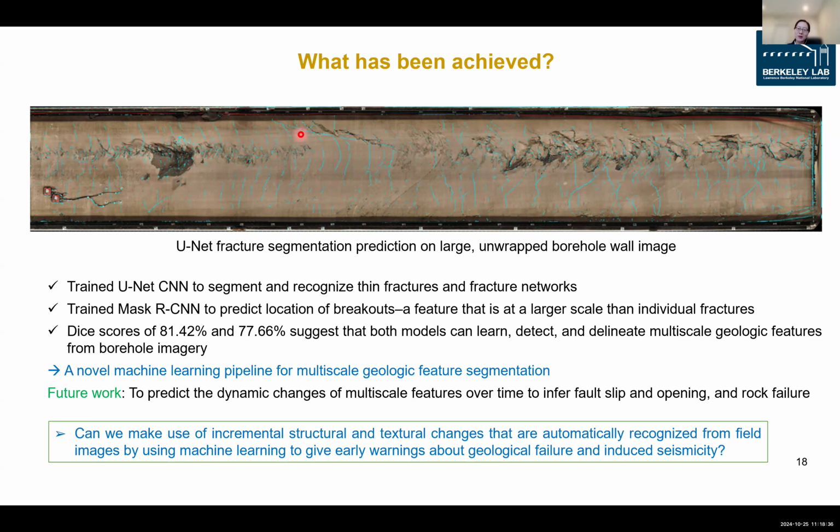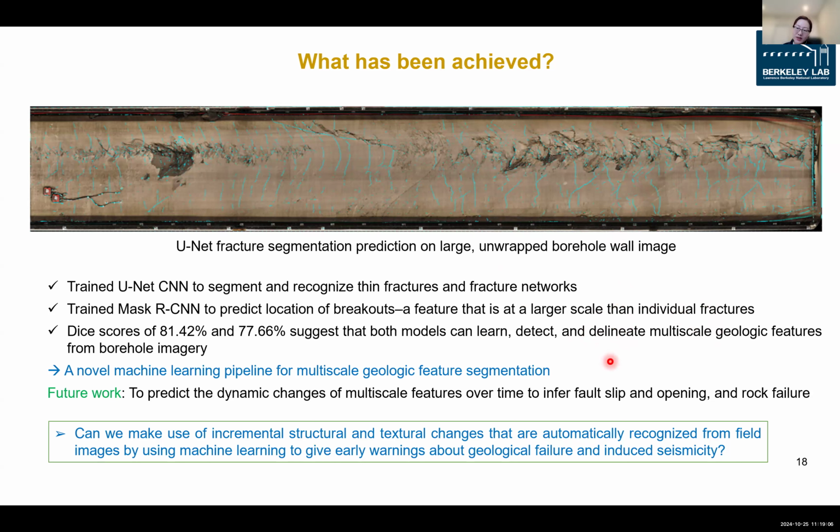So what has been achieved so far is that, using UNet and Mask R-CNN, we were able to identify these two scales of geological features with acceptable accuracy. This lays the basis for a novel machine learning pipeline for multi-scale geological feature segmentation. And future work, if anyone is interested, hopefully, is to predict the dynamic changes of these features over time.